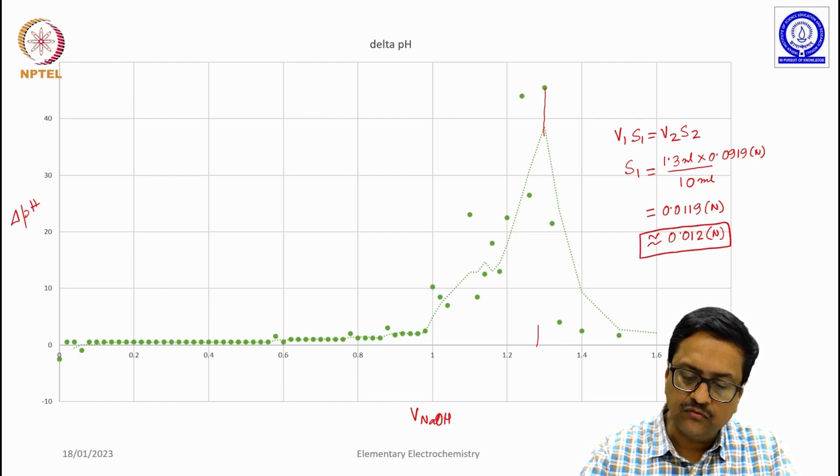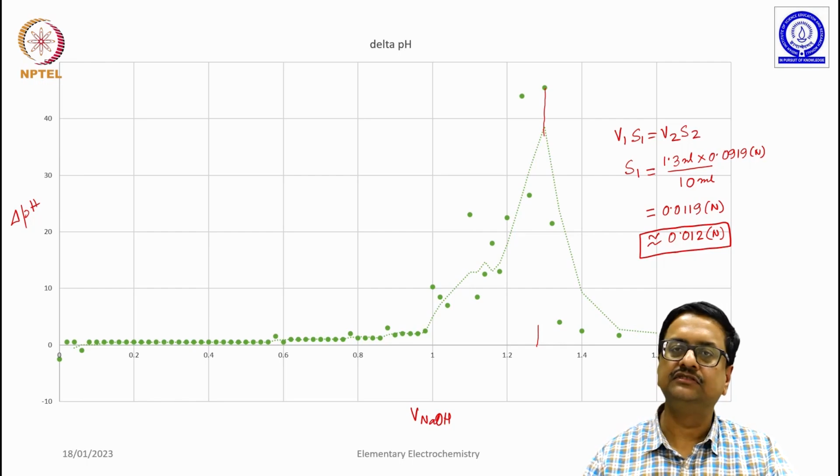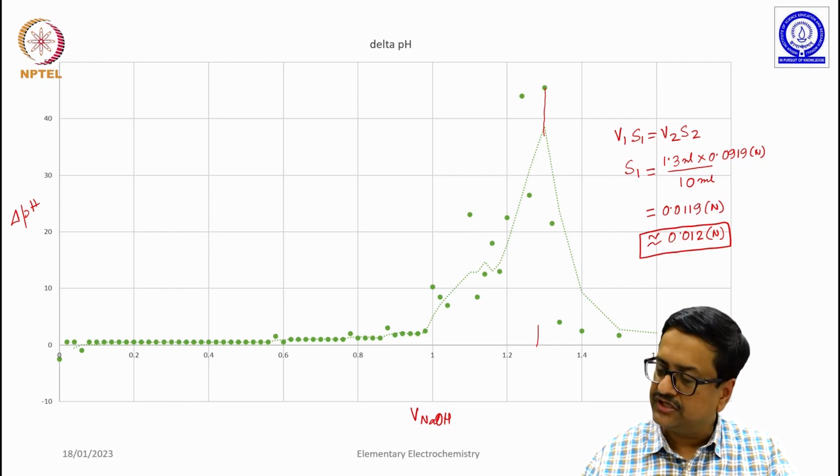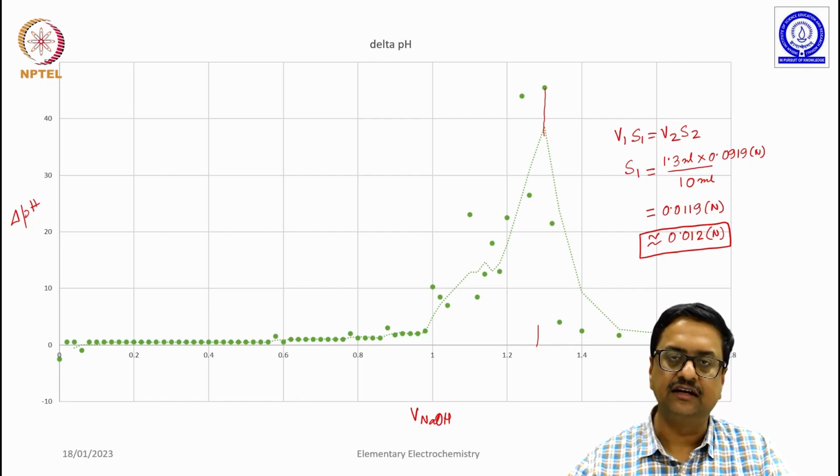So, this is how one can determine the concentration of HCl using a potentiometric titration, which we have demonstrated experimentally, and here I am showing you the calculation of that experiment. Now, I will just show you the readings and the results of the next experiment that we had done.